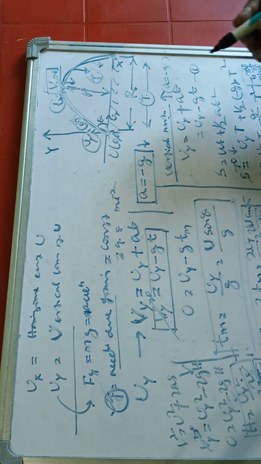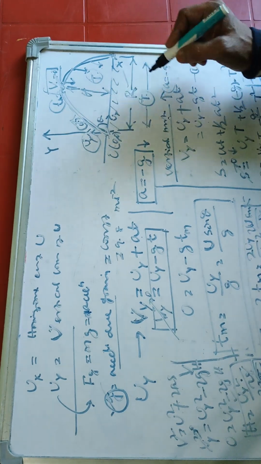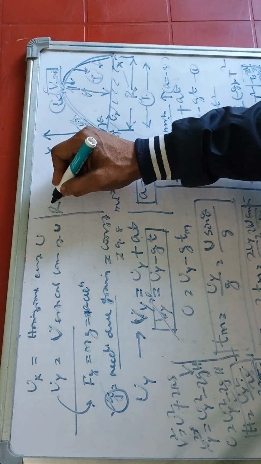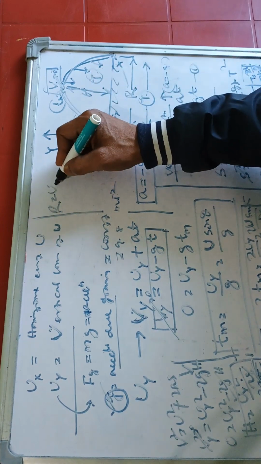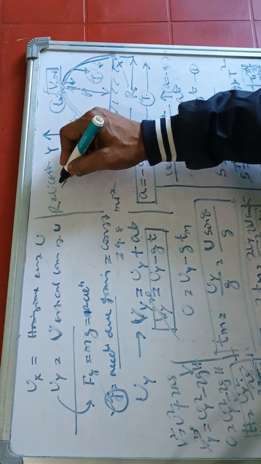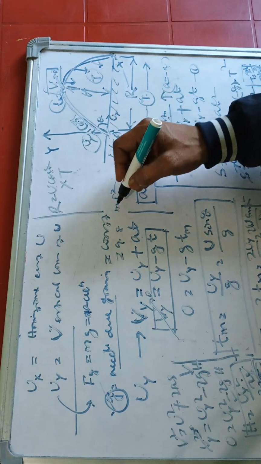The horizontal distance is equal to the horizontal component of the velocity, that is u cos theta, times the time of flight.